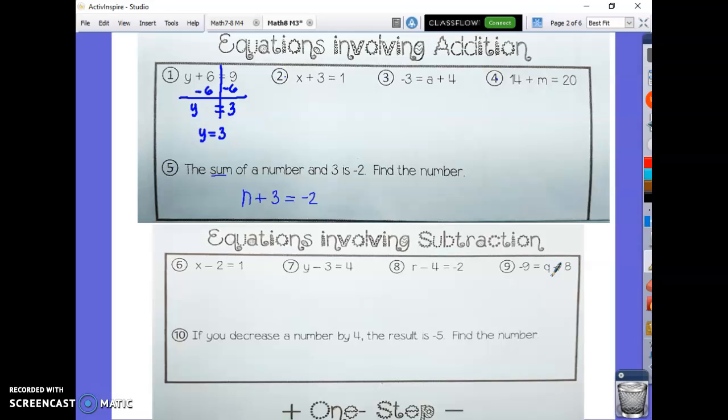We want to get our variable by itself, which is q. So we're going to do the opposite operation, which is addition. So you add 8 to both sides of the equal sign. You add 8, you're canceling them, and end up with a q on that side.